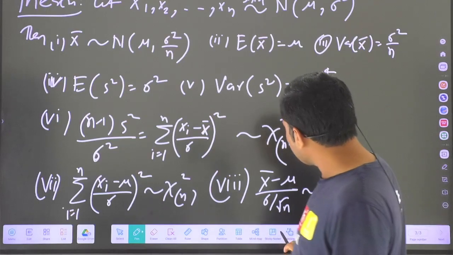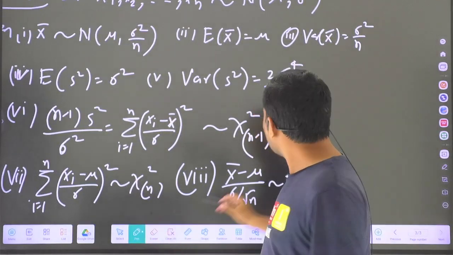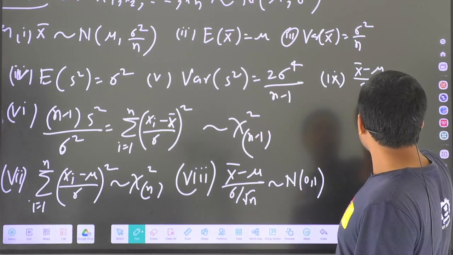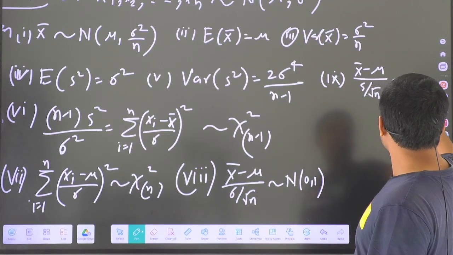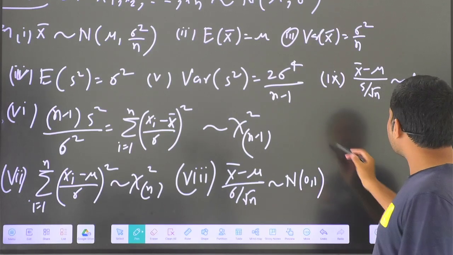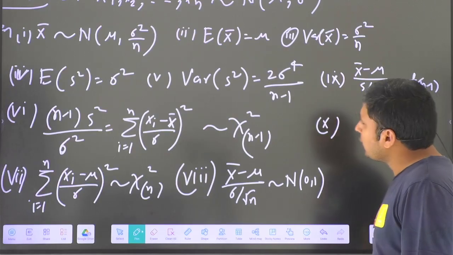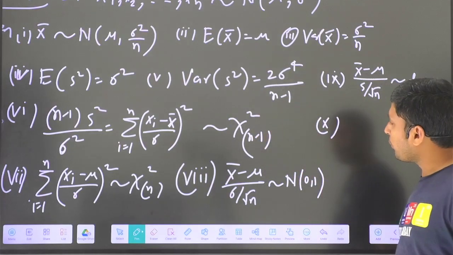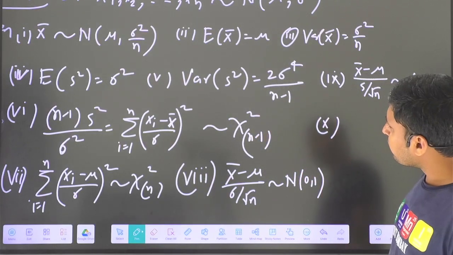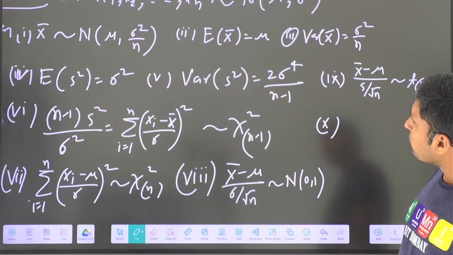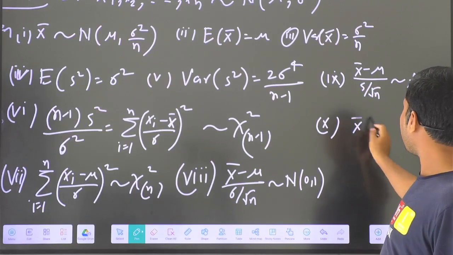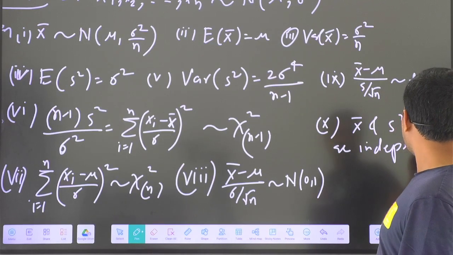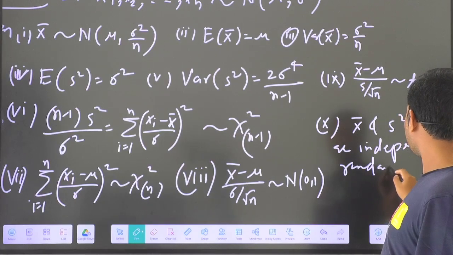Ninth one: x bar minus mu upon s by root n is t with n minus 1 degree of freedom. The 10th one, what is left? X bar and s square are independent random variables.